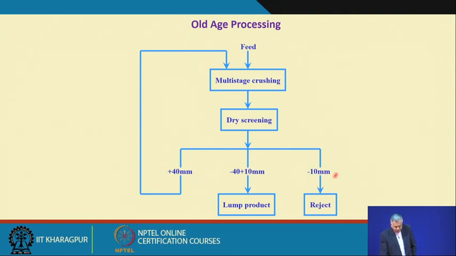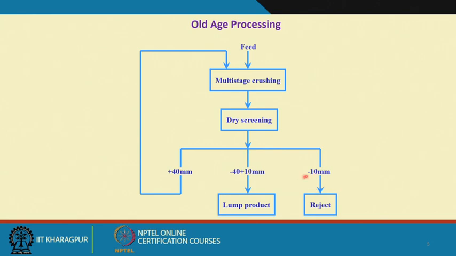So, for minus 10 mm materials, the metallurgists have now come up with a process called the sintering process. With the development of sintering processes, metallurgists started showing interest in buying minus 10 millimeter particles also.